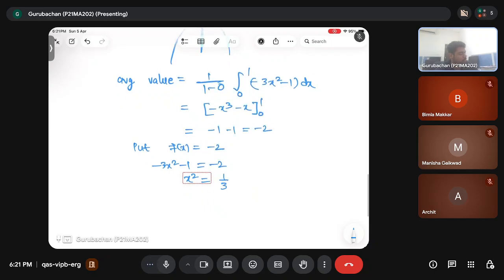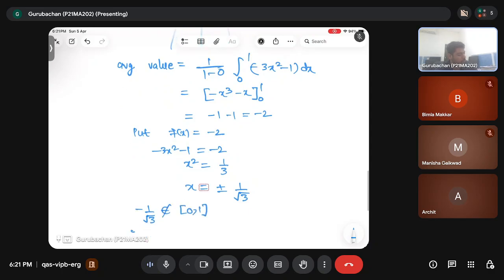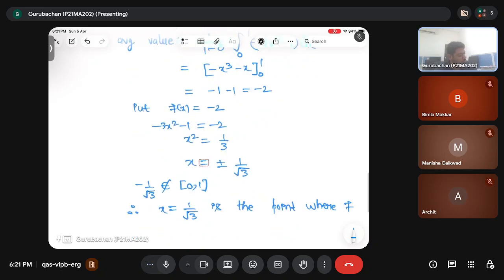So x can be plus minus 1 by under root 3. Obviously minus 1 by under root 3 does not lie in 0 to 1, therefore x equal to 1 by root 3 is the point where f assumes its average value.